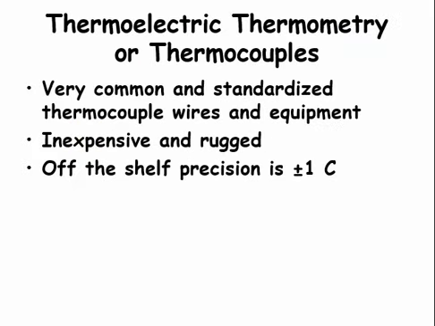Thermocouples are very common temperature sensors because they are inexpensive and rugged. The wires and the equipment used are fairly well standardized. You have used thermocouples in lab. A thermocouple junction generates a small electromotive force or voltage that can be measured and calibrated against the temperature.